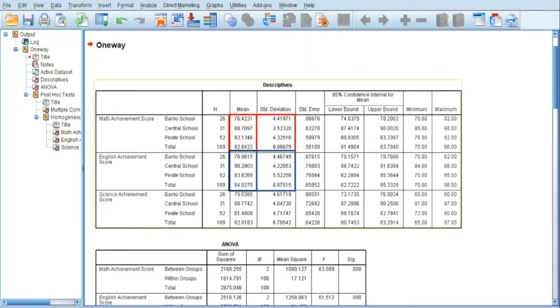Alright, and the last one here will be the mean achievement score of students in science. Again, the students who came from central school got the highest mean of 88.77, followed by the students who came from private school which had a mean of 81.48, and followed by the students who came from barrio school which had a mean of 75.04.